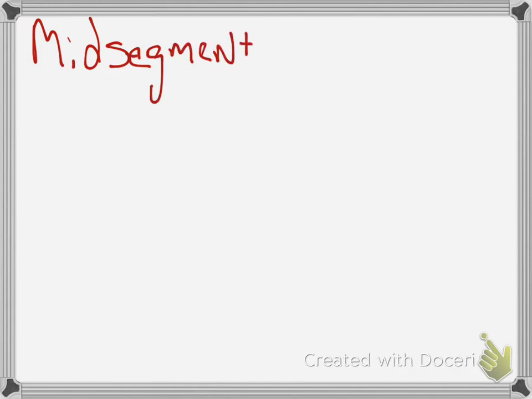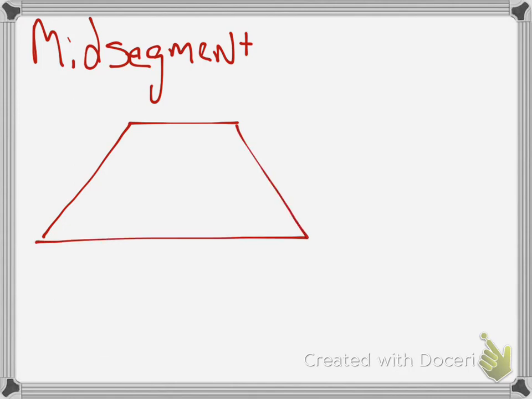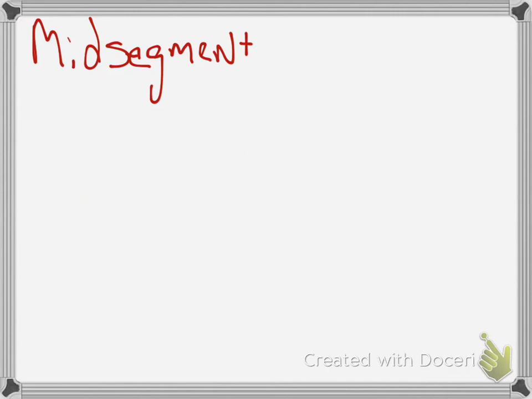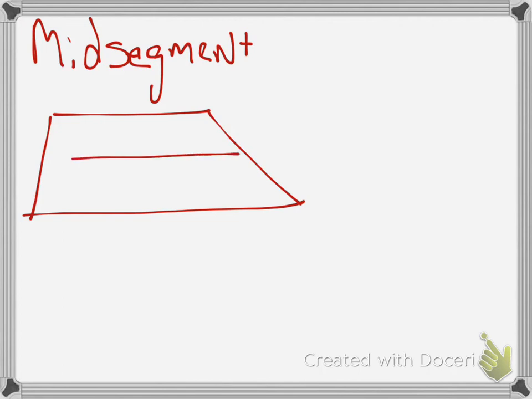Okay, last thing I'm going to talk about, I'm not going to put kites on the test because, well, it's just a long test as it is. Mid-segment. Okay, so keep in mind, I told y'all, if you have something like this, actually, let me redo that. Let me do something like this. Okay, they're not equal, but, you know, this is a mid-segment.